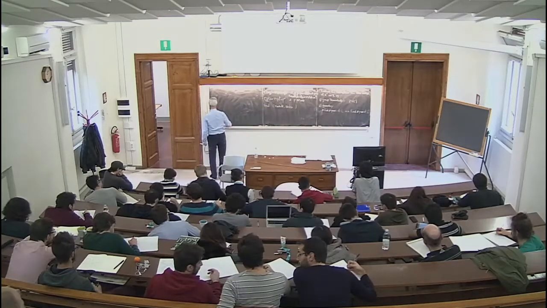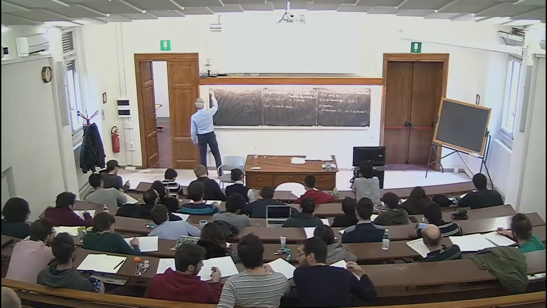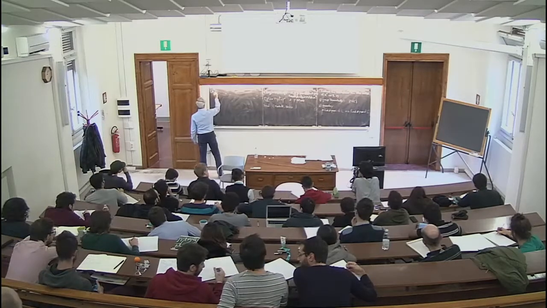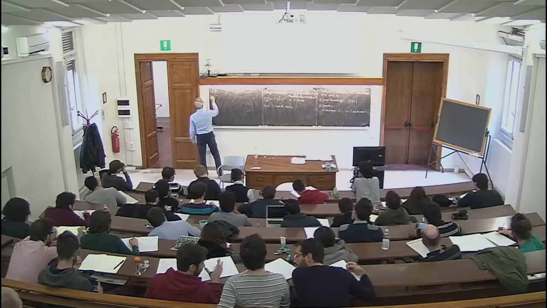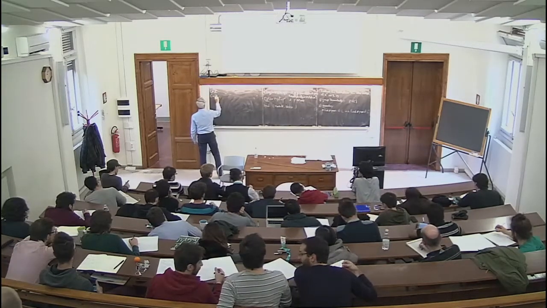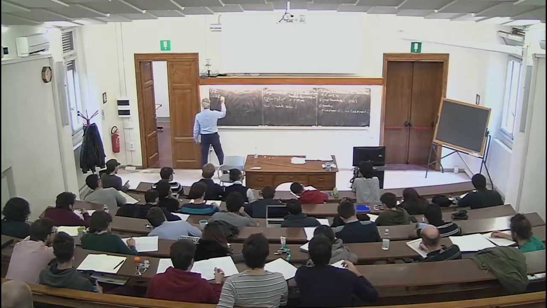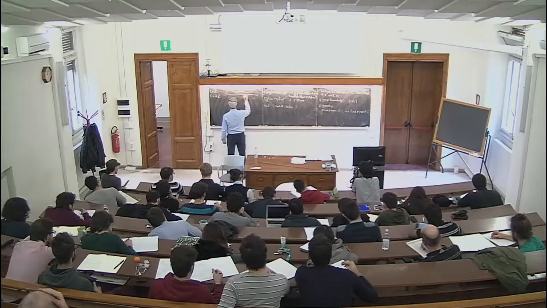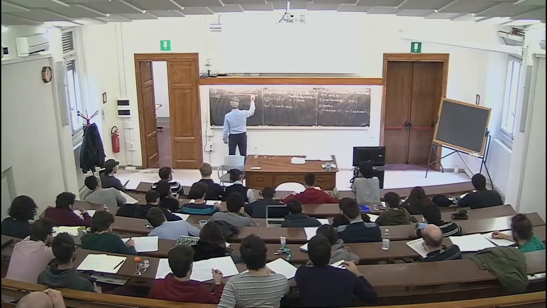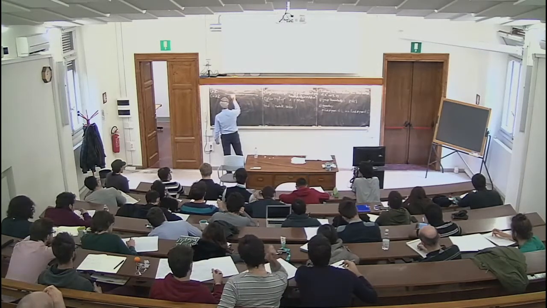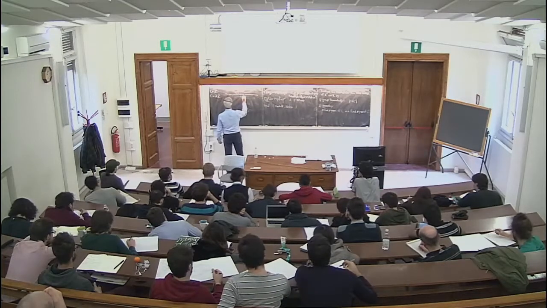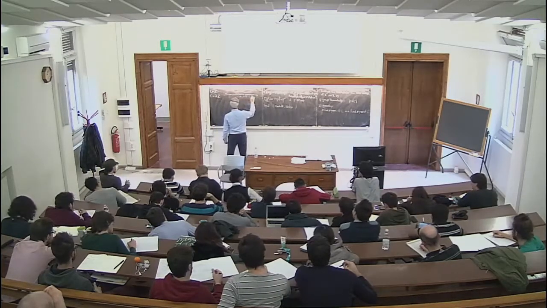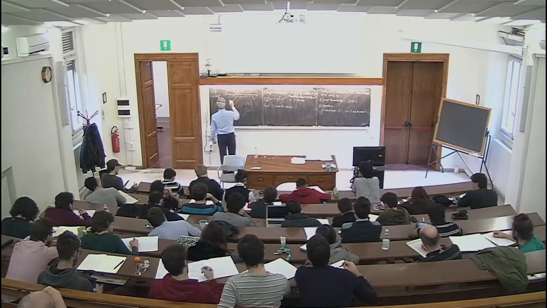All right, here's a really simple example. Let's take L to be the lattice of the integers, L prime to be the lattice of twice the integers. So here's 0, 1, 2, 3, 4, minus 1, minus 2.